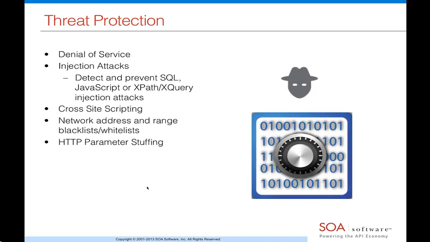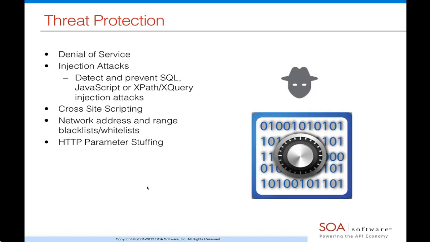So they can use malformed XPath queries, XQuery to get access to data that you probably don't want anybody to get access to, and they can compromise your backend. There are other things around cross-site scripting, network address and range blacklist and whitelist. So you can have a blacklist and whitelist of which IP addresses or network addresses can access your app.